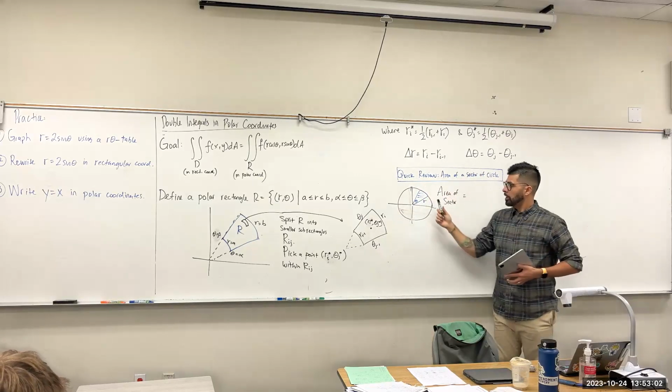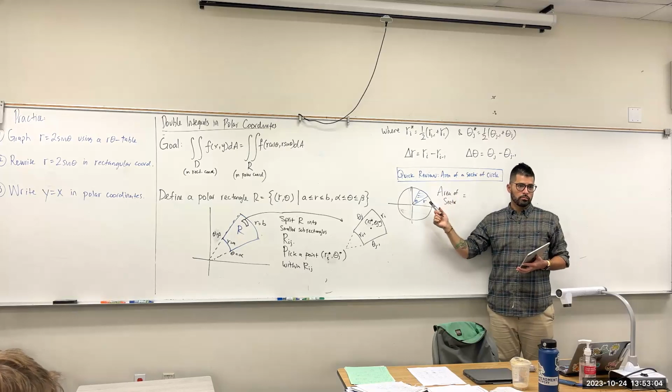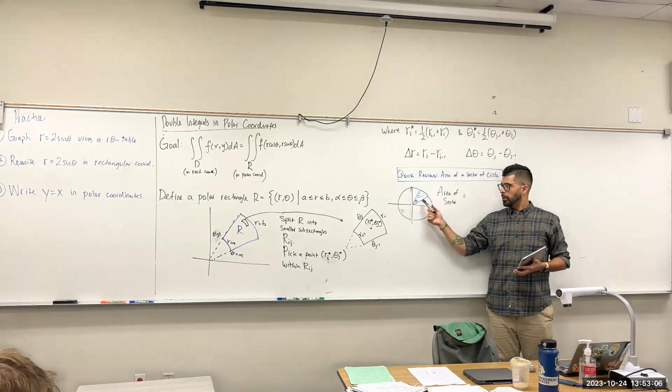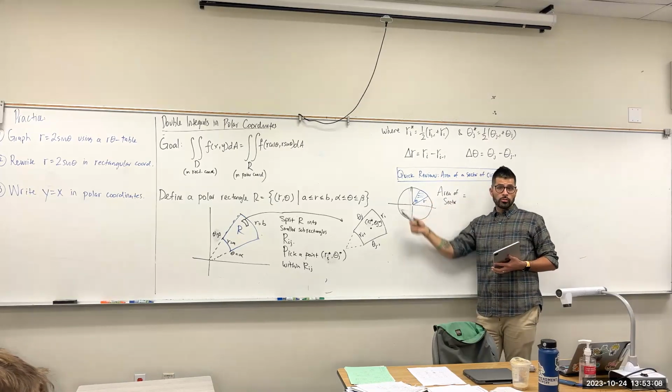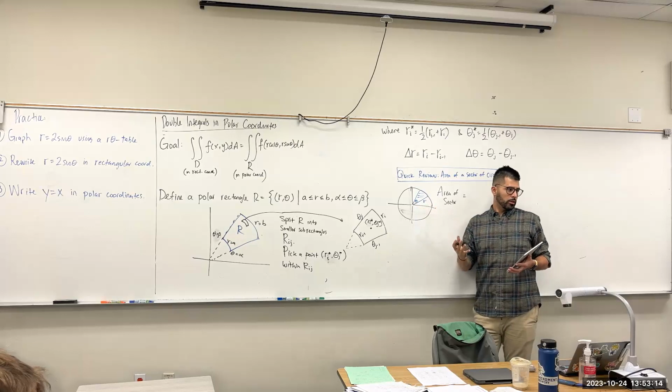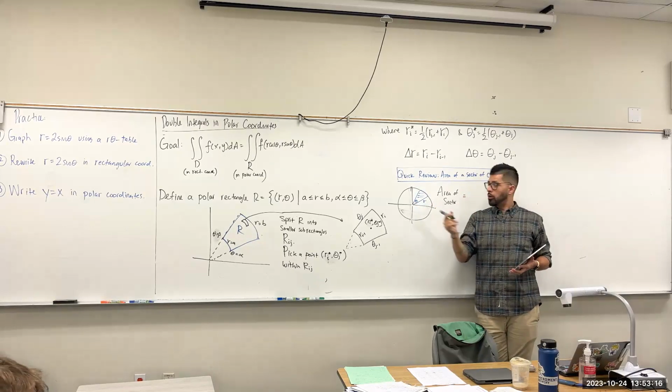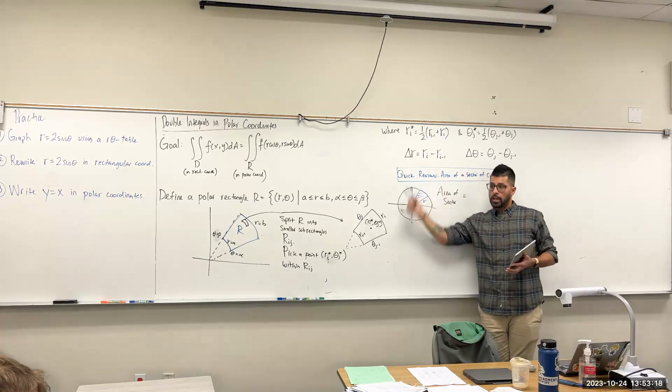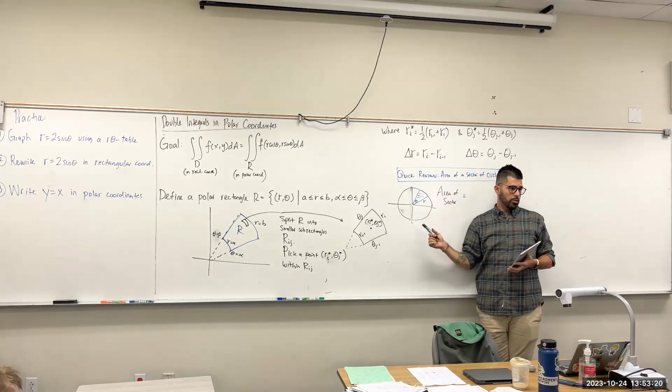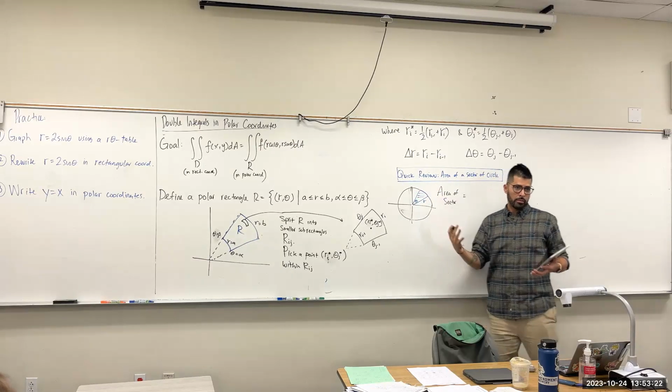What you do is you say, what's the area of the circle? And then you're not taking the area of the whole circle, you're only doing the part related to this angle. So you're going to do a proportion. You're going to do that ratio of theta over the entire angle of a full rotation. That's the idea behind it.